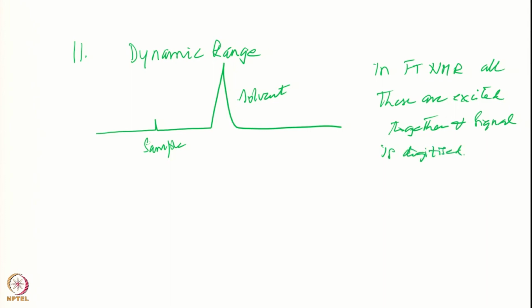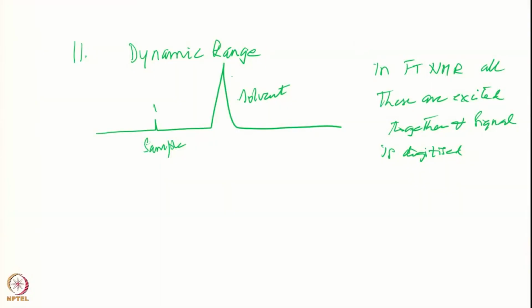So when I collect the data in the digitized form, it will be a superposition of the contributions from all of those. Okay. Suppose this signal has intensity of 1, this signal has intensity of 100, then what I will be collecting will be 101. If this is 5 and this is 200, what I will be collecting will be 205. Okay.